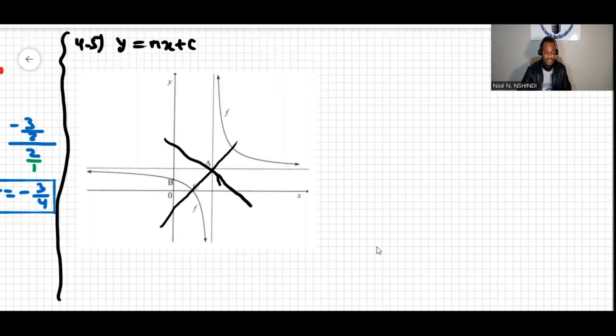You notice that this descending line has a negative gradient because it is decreasing from left to right, and this one has a positive gradient because it is increasing from left to right.